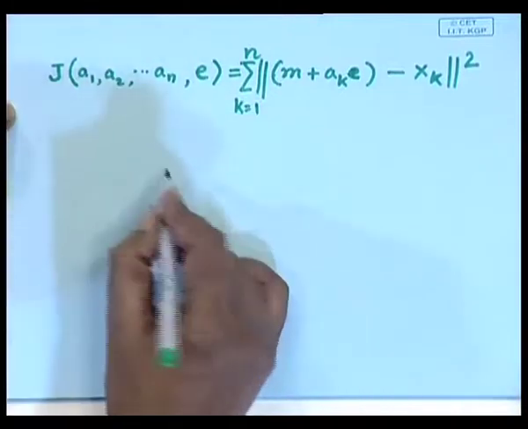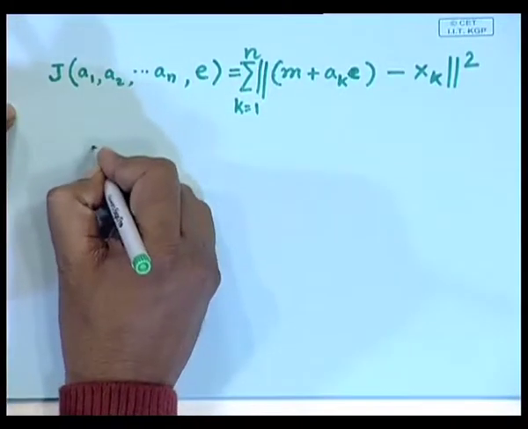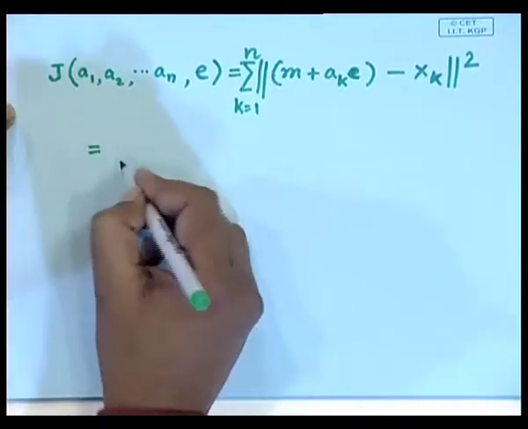So, given a line, how are the feature vectors to be mapped onto different points on the line so that the sum of squared error is minimized?